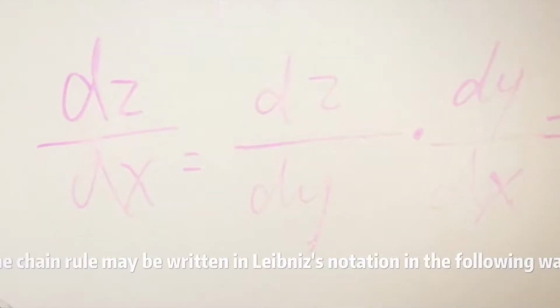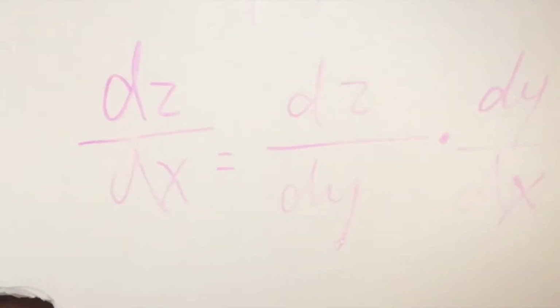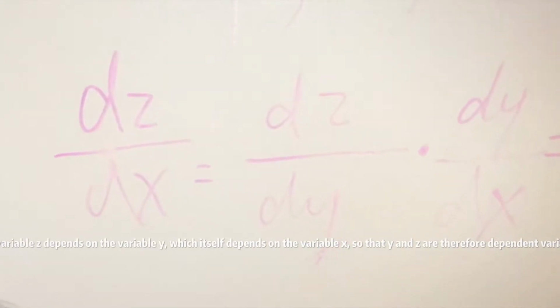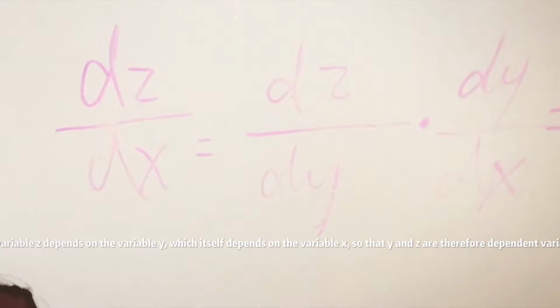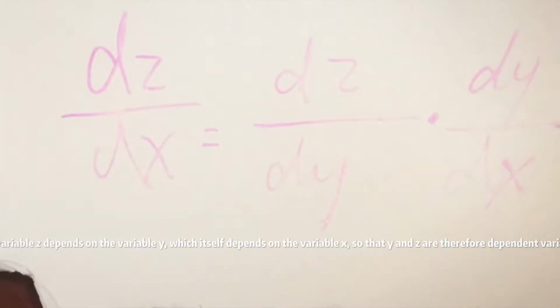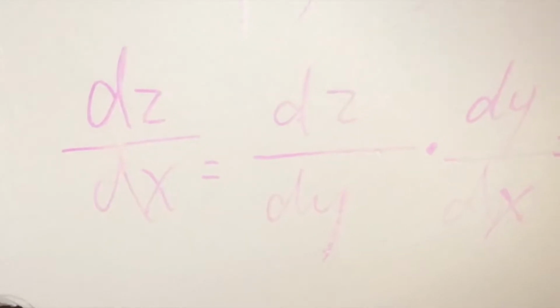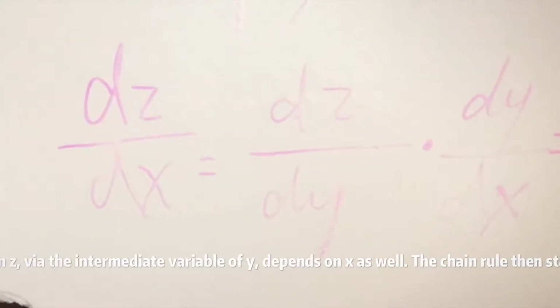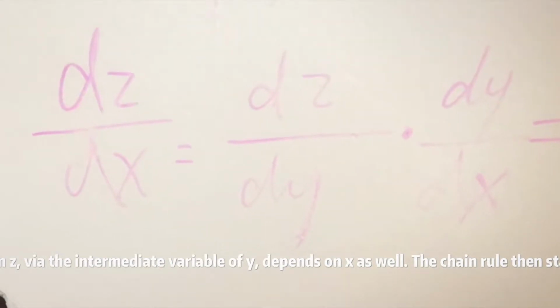Shh. The chain rule may be written in Leibniz notation in the following way. If a variable z depends on the variable y, which itself depends on the variable x, so that y and z are therefore dependent variables, then z, via the intermediate variable y, depends on x as well.